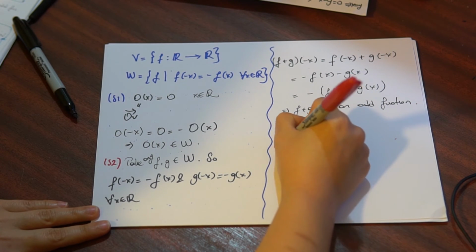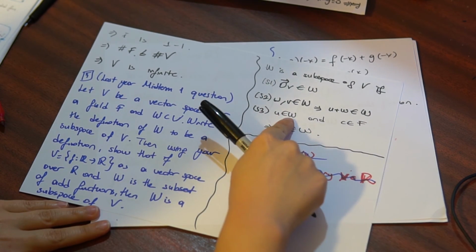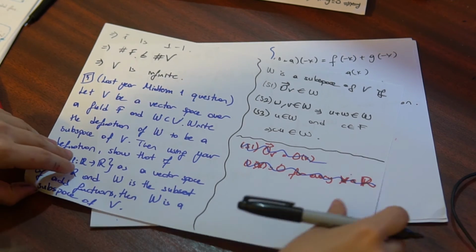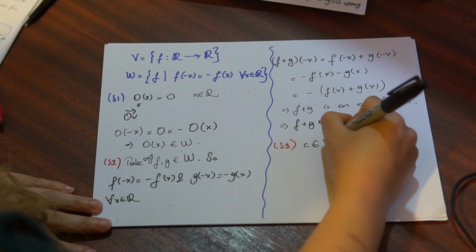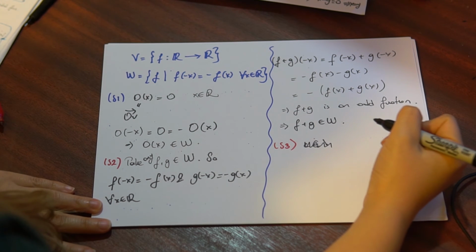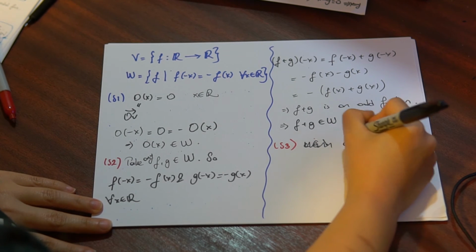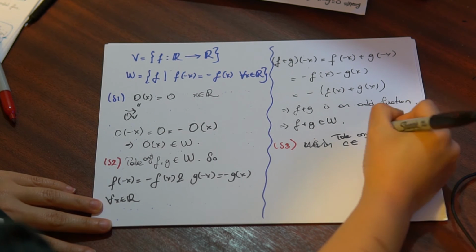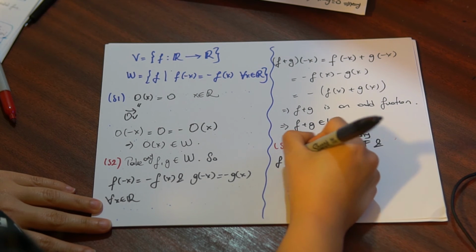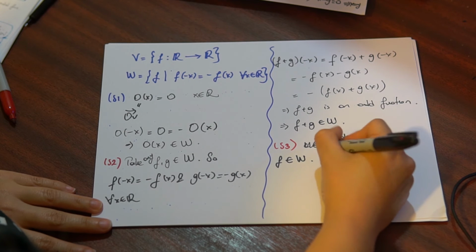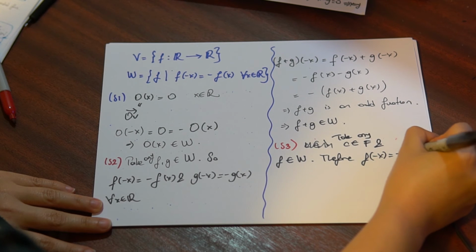Now we need to show the third axiom, which was: if we take u in W and c in F, then c times u is in W. Our F is any field. Let's take any c inside of F and f inside of W. Therefore, f of minus x is equal to minus f of x.